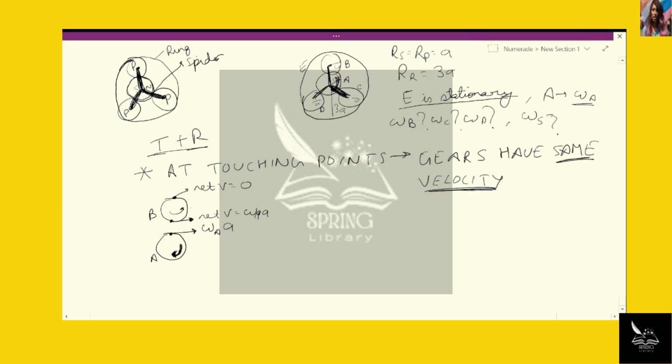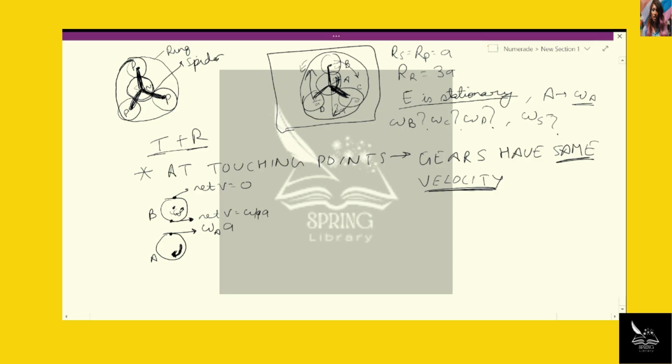And that can only be achieved if there is some translational velocity as well. So just look at this diagram again. If E is stationary and A is rotating, then that means that all these gears must also be following this sort of motion so that the E can stay stationary. So all these gears B, C, and D, the planetary gears, apart from having an angular velocity omega, will also have a translational velocity.